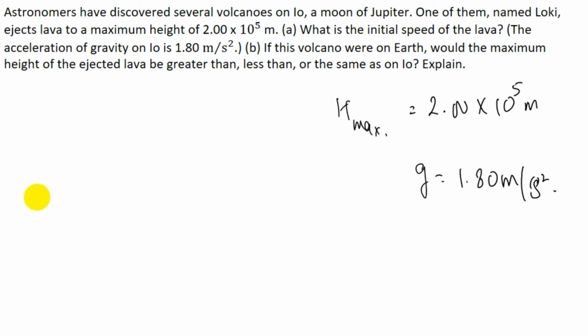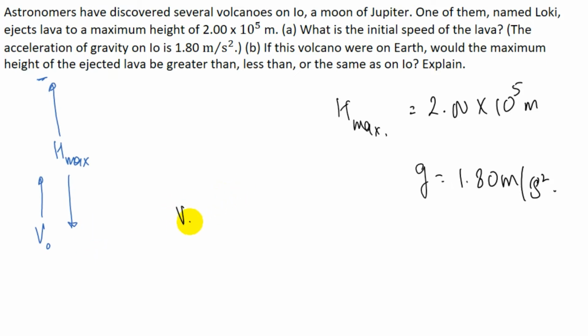So what the question is saying is, the lava is going up with some initial speed V0, which we don't know. It reaches a maximum height, H max, that we are given to be 2.00 times 10 to the power 5 meter, and then it comes back. Since the lava goes straight up and then straight down, we can use the equations of motion in the vertical direction.